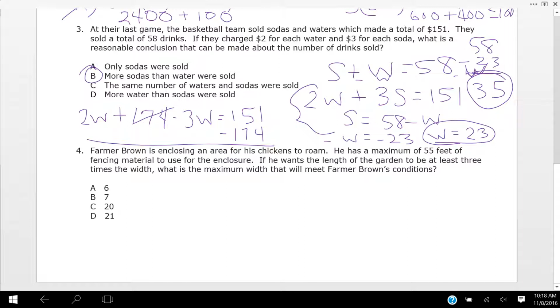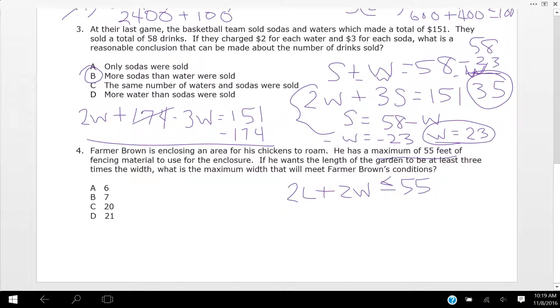Okay, number 4, last one. We're talking about an area for the chickens. And we're doing inequalities. So if he has a maximum of 55 feet, that means that 2L plus 2W has to be less than or equal to 55.